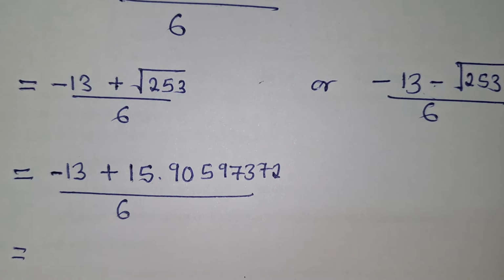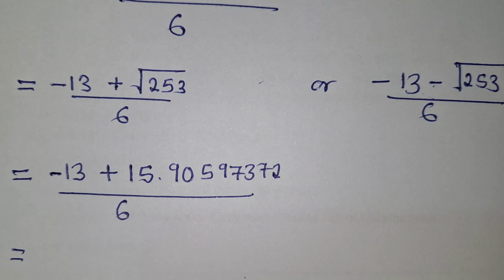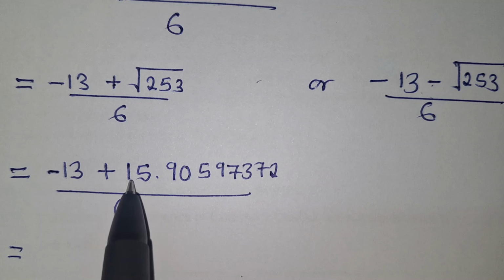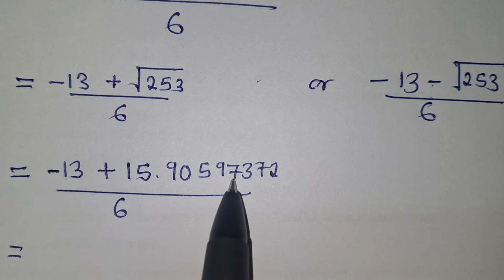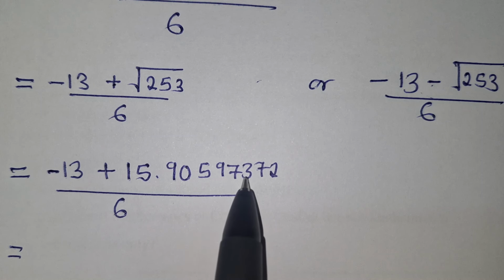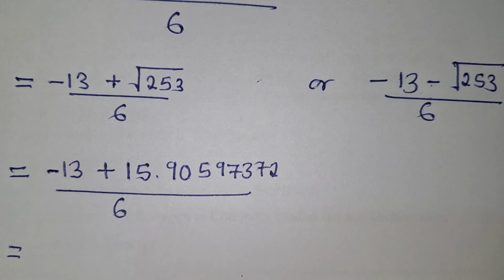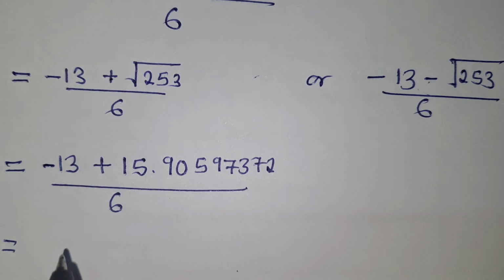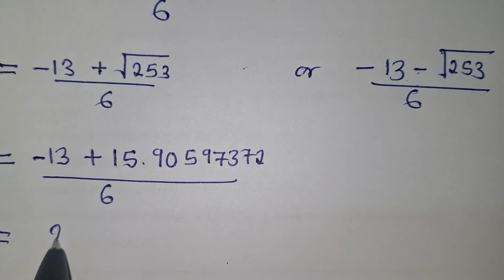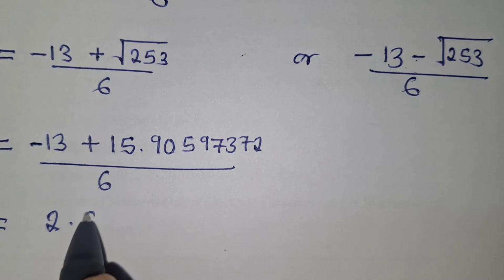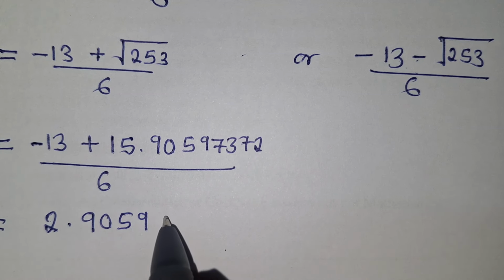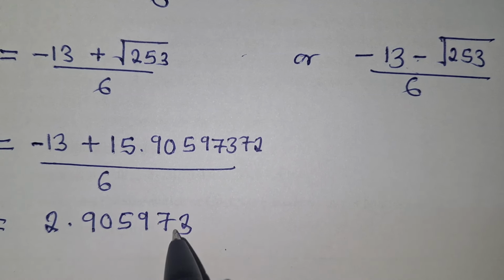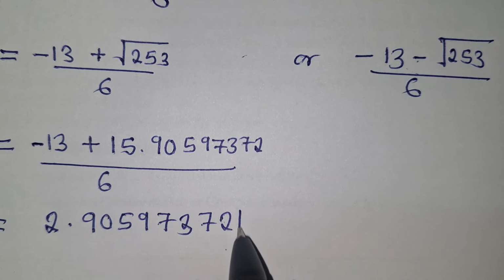We simplify further, so that's negative 13 plus 15.90597372. So this, of course, is giving us 2.90597372.